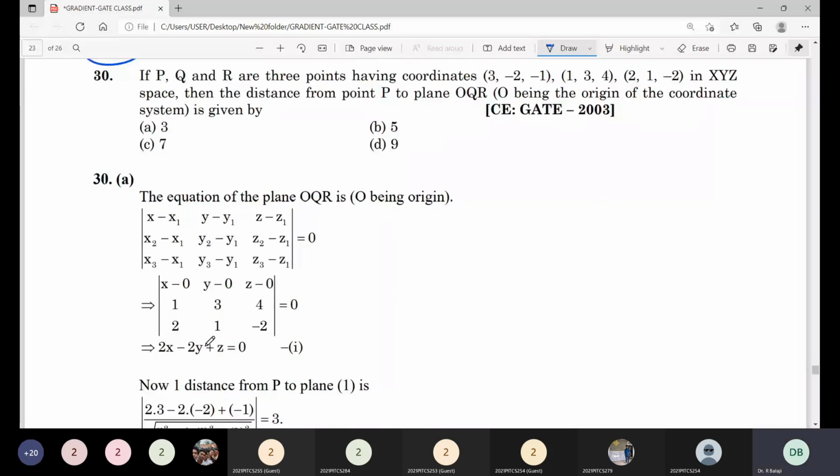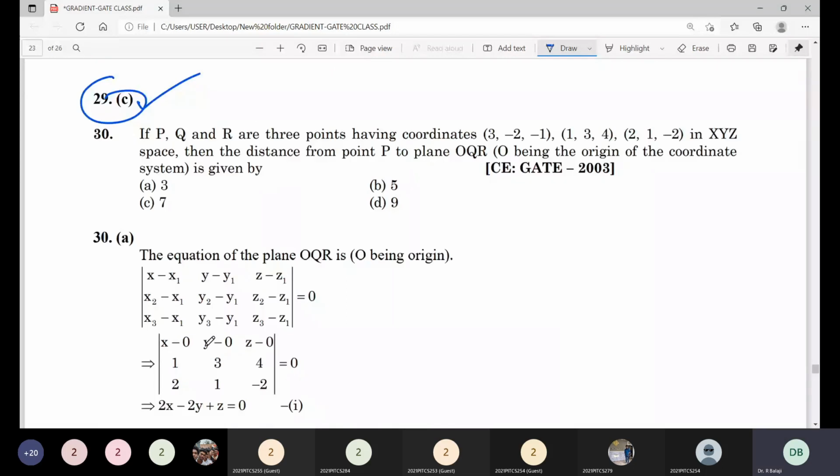Now, listen, if P, Q, R are the 3 points having coordinates 3 comma minus 2 comma minus 1, 1 comma 3 comma 4, and 2 comma 1 comma minus 2 in XYZ space, then the distance from point P to plane OQR, O being the origin of the coordinate system, is given by the equation: x minus x1, y minus y1, z minus z1; then x2 minus x1, y2 minus y1, z2 minus z1.